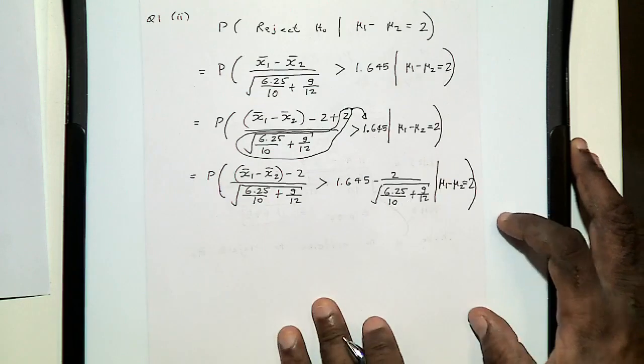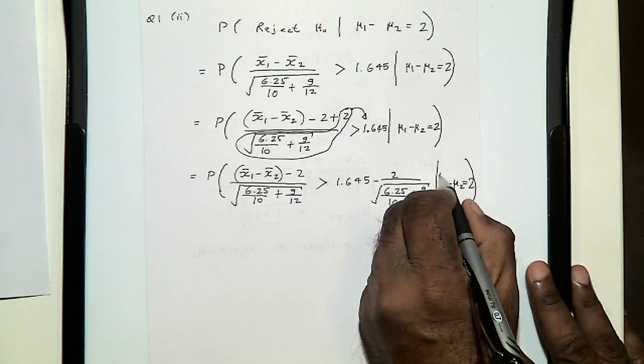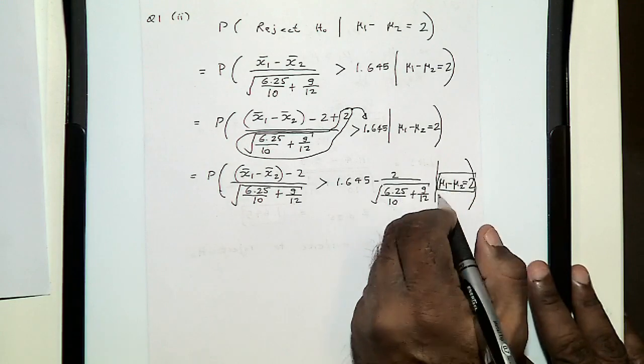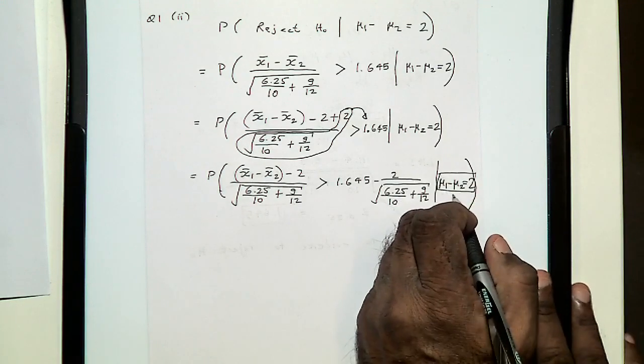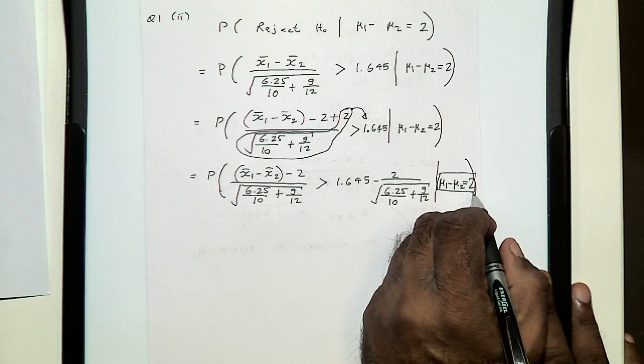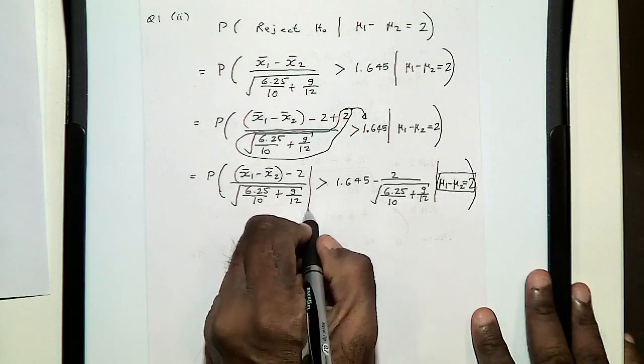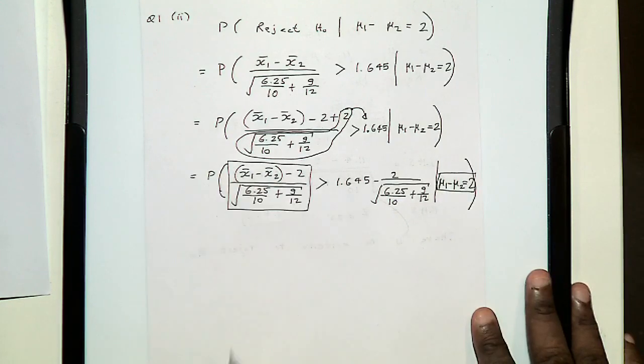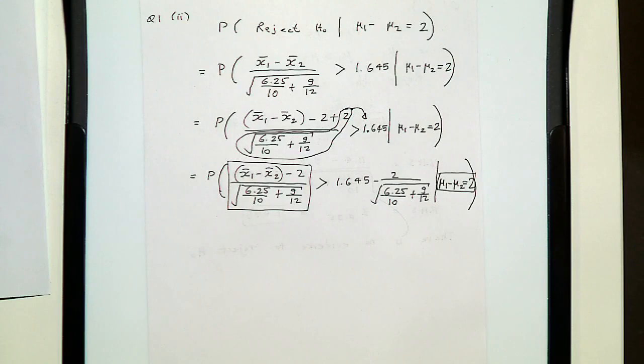Right. Now, conditional on the true difference between the population means being equal to 2, this will have the standard normal distribution. That's because of one of the properties that we talked about earlier. If you watched the video on the normal distribution, you will see this property.